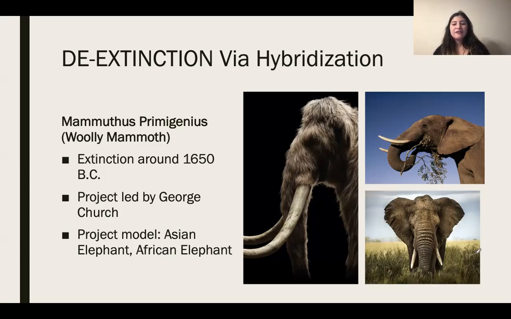They thought that the African elephant would be more suitable to carry this embryo due to its mass, since the woolly mammoth tends to be a little bit larger, and just the traits that they're putting together.